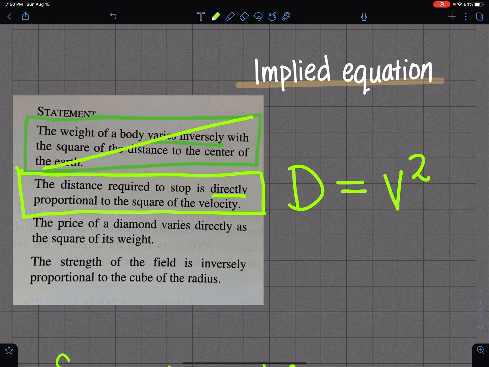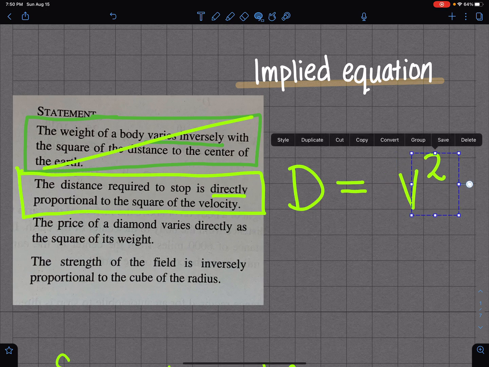So that means as velocity goes up, the distance goes up. That makes sense. Okay. The distance required to stop is directly proportional to the square of the velocity. Now, the only thing I have left to put in is the constant. So I'm just going to put that here.